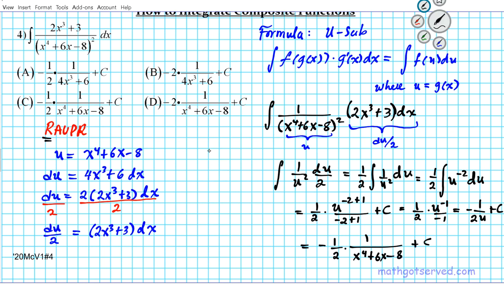Okay, if you wrote it like this, negative 1 over 2 times (x to the fourth plus 6x minus 8) plus c, that's correct. But in this particular option, they just separated the coefficient as a multiple of the rational expression. Alrighty, so we can clearly see that our answer is option letter C.